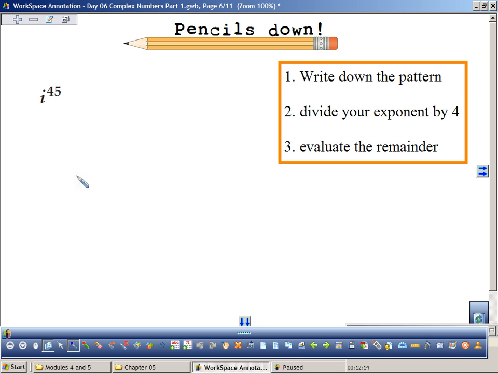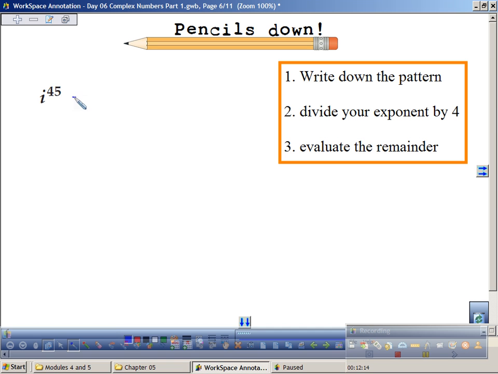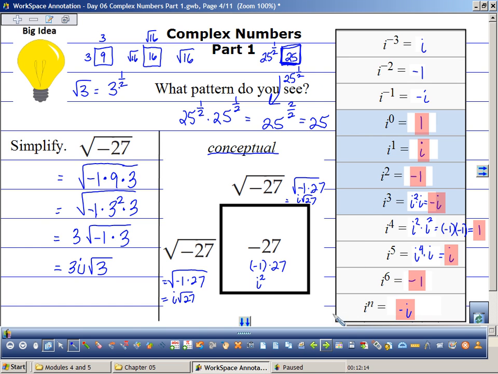So I want to know i to the 45th. What's i to the 4th? Let's look back. i to the 4th is 1. Because it's a full circle again, right?